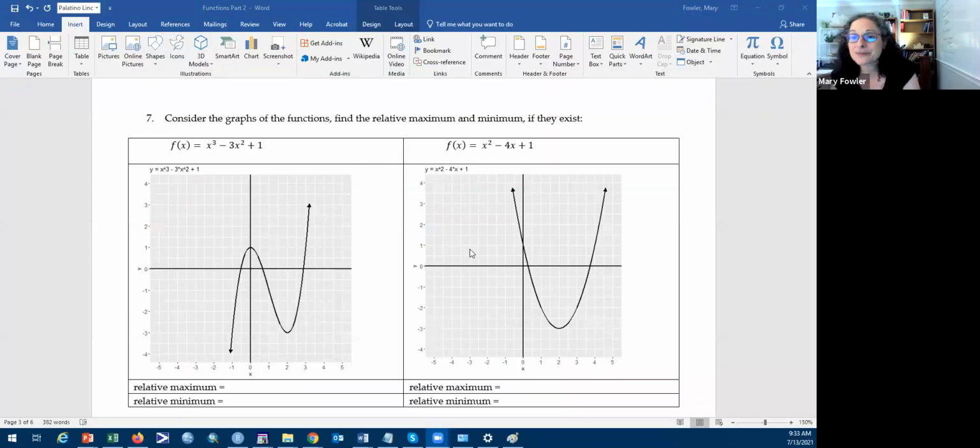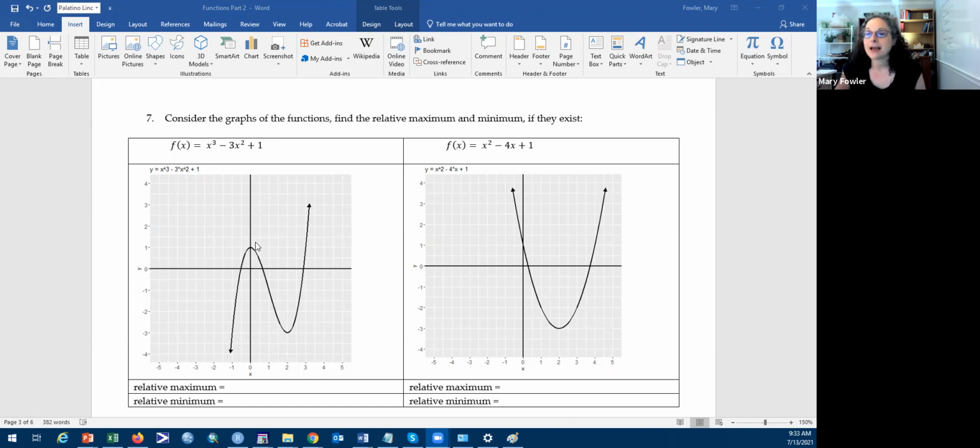Okay, so scrolling down to number 7, we're asked to consider the graphs and find the relative maximum and minimum if they exist. So we're looking for relative max, relative min. And we come on over here, we notice this cubic equation. And here it comes up.